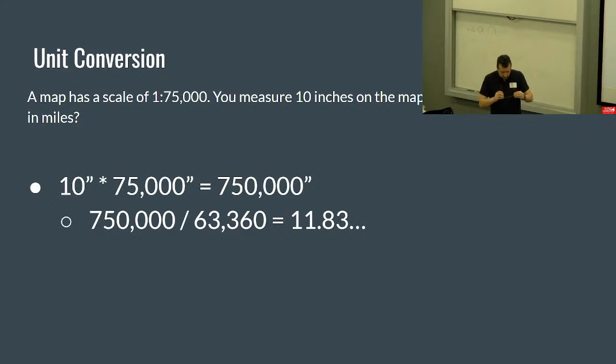So what this is going to tell you, you will see that a map is a scale of 1 to something else. And then we will say, here are how many inches you measure on the map. So remember, if you measure 10 inches, that means that there is a number on the map equal to the ratio.